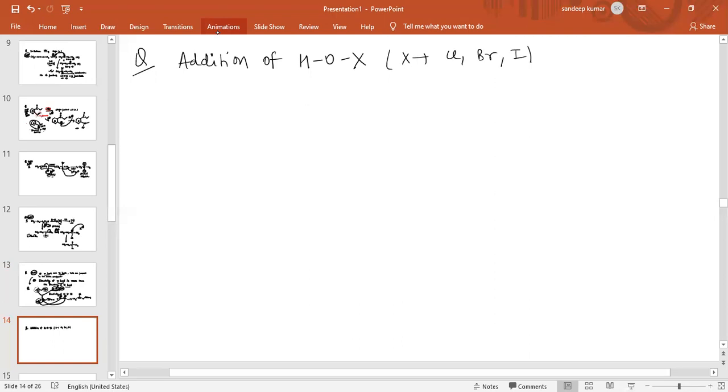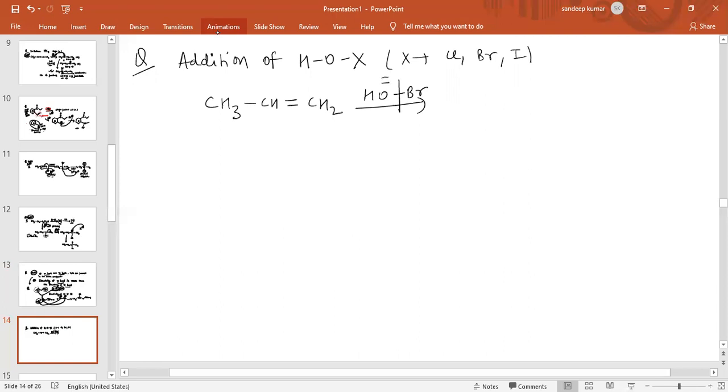Now see what happens. In the addition to a compound like CH3CH double bond CH2, when we add HOBr, the bond will break in such a way that oxygen is more electronegative.